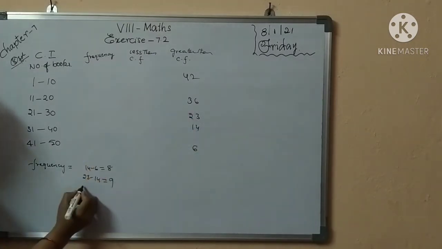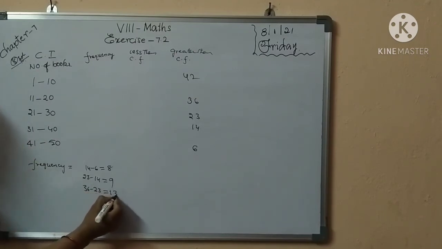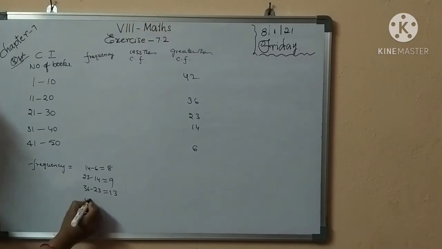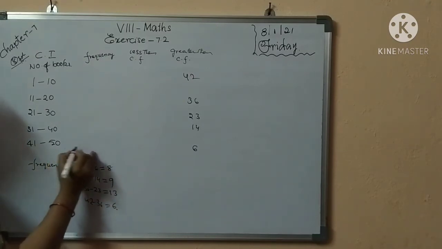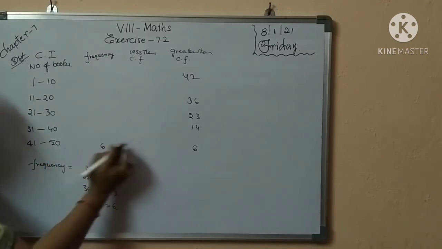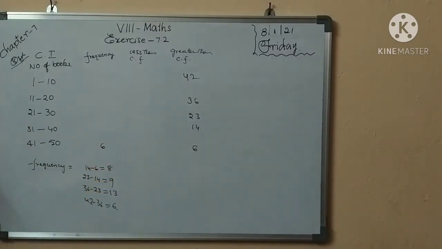Next, 36 minus 23 is 13. Next, 42 minus 36 is 6. So first write the frequency here as usual: 6. Next, the difference of consecutive numbers is the frequency.